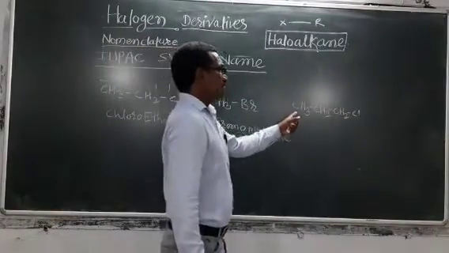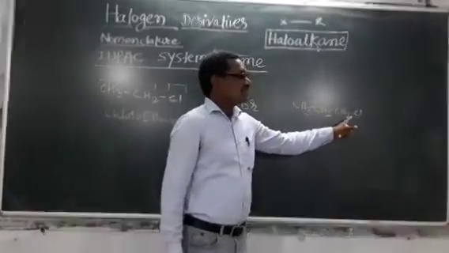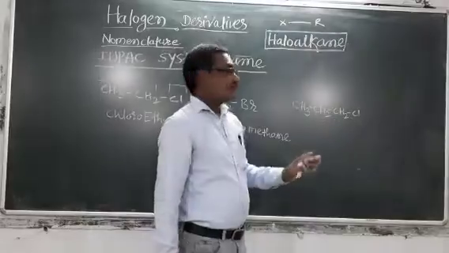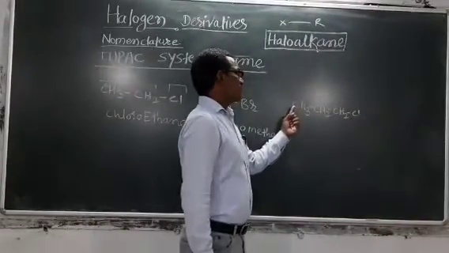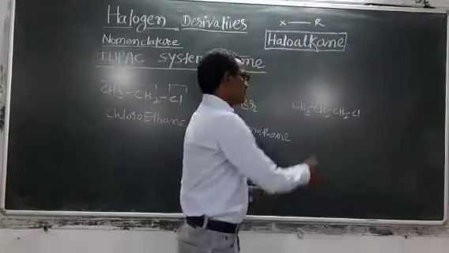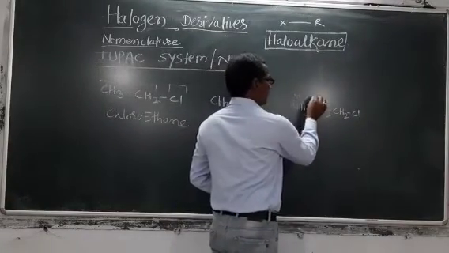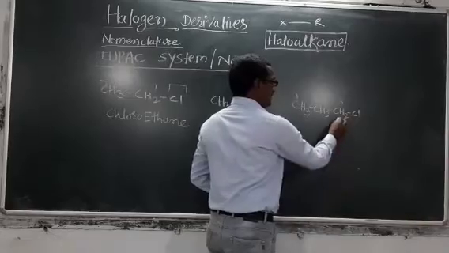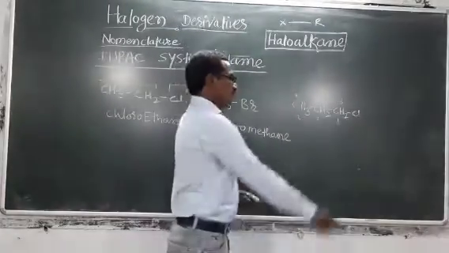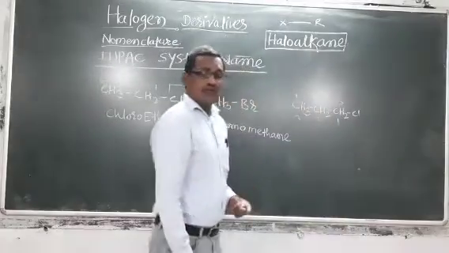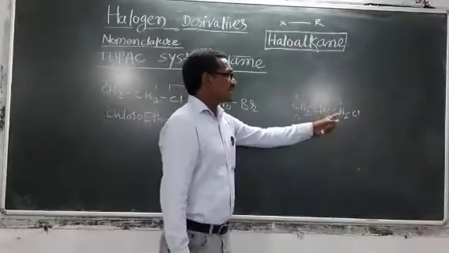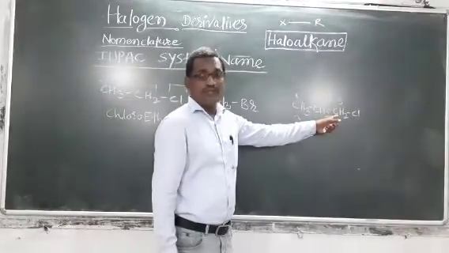Now, here we have to select the longest continuous chain. Here there is only one chain. Then we have to give numbering. So from which end will we give the number? We will give the number from this end or this end. Suppose I have given the numbering from this end: 1, 2, 3, and from the other end it will be 1, 2, 3. The second rule is that if we are numbering, then select such a carbon which acquires the lowest possible number.